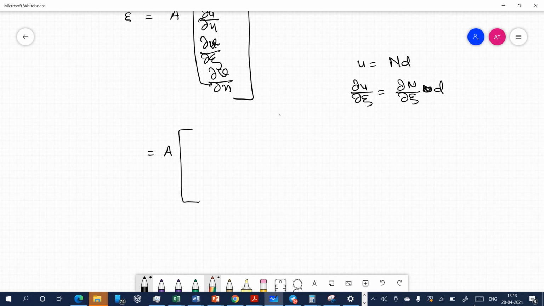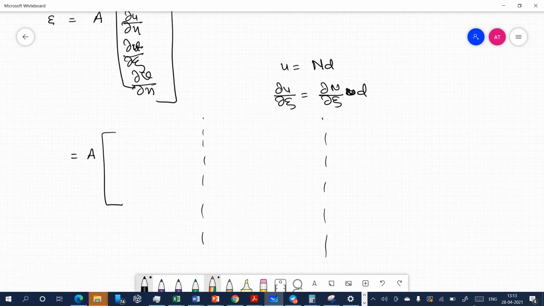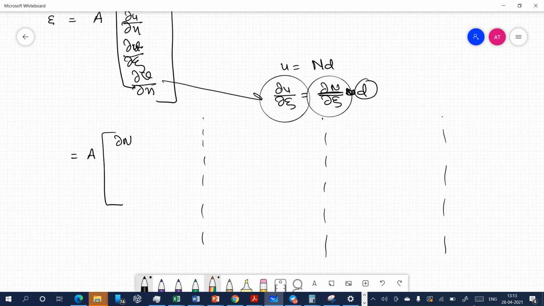So I should write it for the 4 shape functions. So I will have terms like, you see what I'm doing here. So I'm just writing this part, and then I will write that part at the end, and I'm writing this matrix using this relationship. So I have to find out del u by del zeta, for which I'm writing del N1 by del zeta, right?